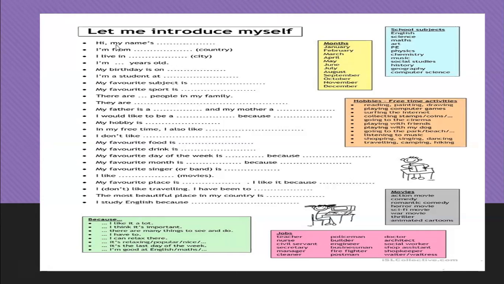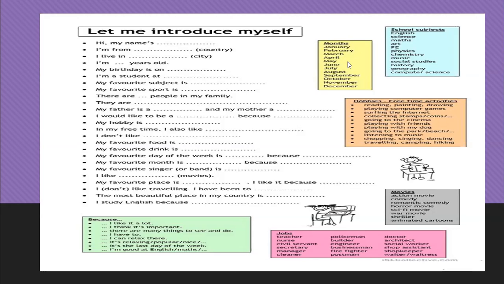So phrases such as hi, my name is, or I'm from, I live in, my birthday is on, and so on are the most common phrases that we use. Here in the same page, you can find some color squares and rectangles that have vocabulary that you can use to support your phrases.